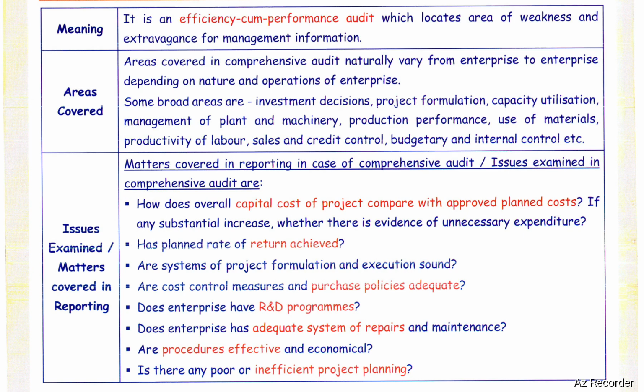Are systems of project formulation and execution sound? Are cost control measures and purchase policies adequate? Does the enterprise have R&D programs? Does the enterprise have an adequate system of repairs and maintenance? Are procedures effective and economical? Is there any poor or inefficient project planning?